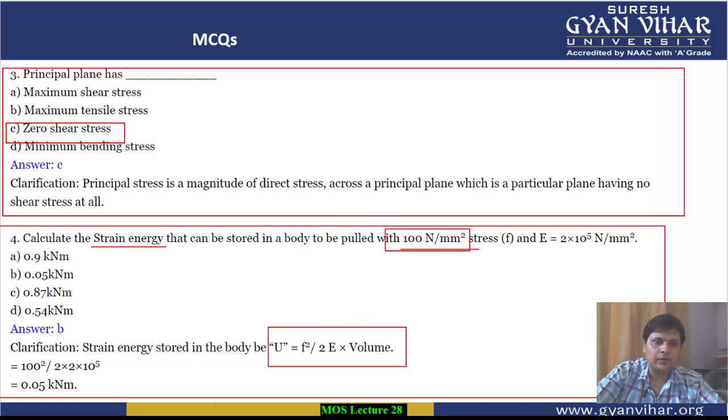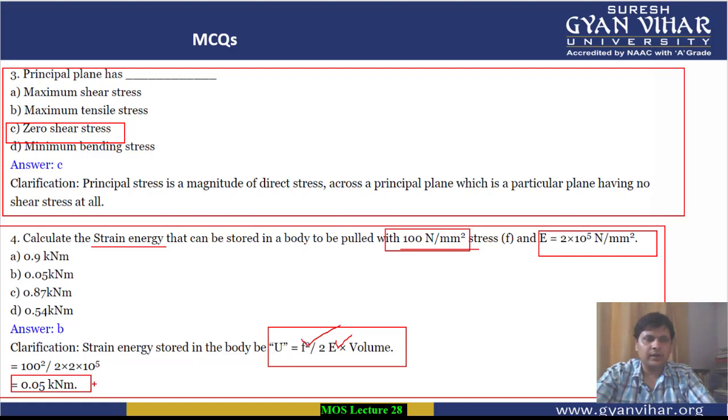Here E, the modulus of elasticity, is given to us; we will put the value here. The stress value 100 is given to us, that also we will put, and finally we will get the value equal to 0.05 kilonewton meter. So here in the options you can see that B is the correct option.